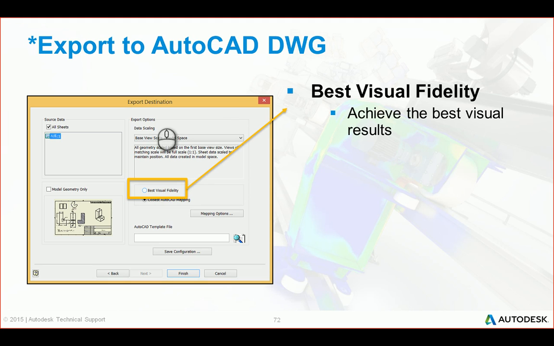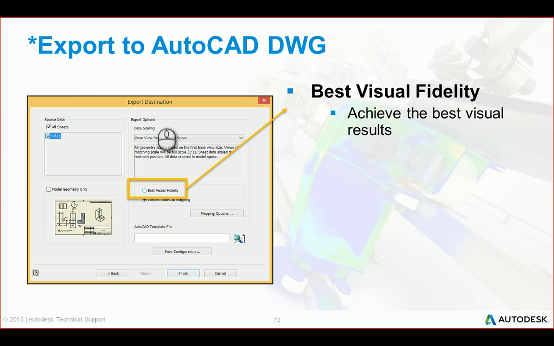Best visual fidelity. If you're using AutoCAD, this will create colors that aren't color 0 or color 1, color 10, they'll be RGB values. So your CTBs probably won't work with some of those.